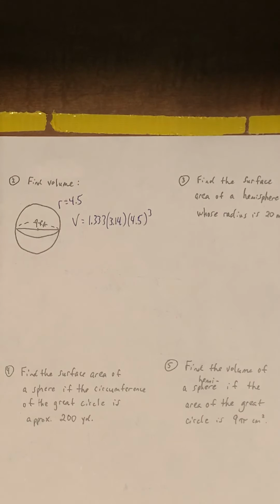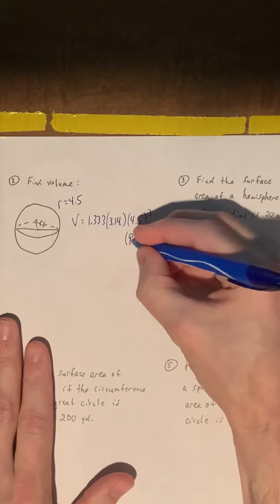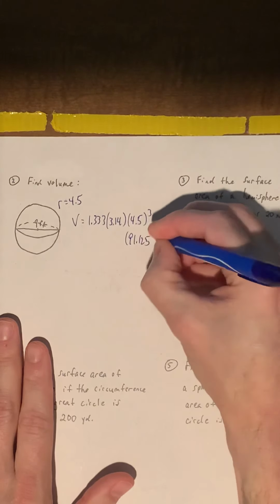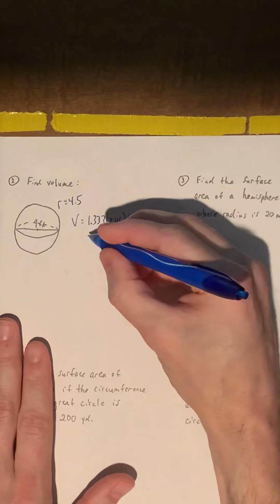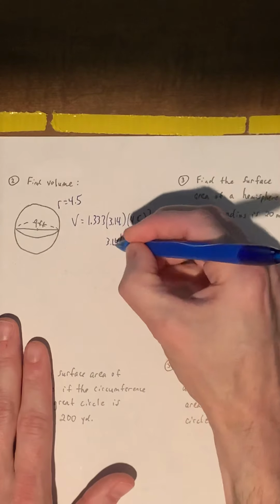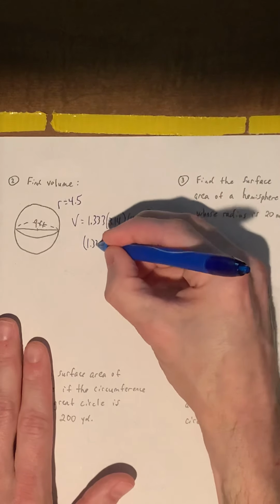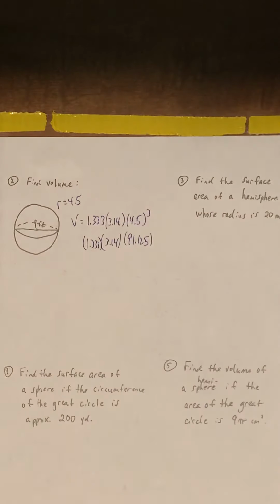Now 4.5, if you cube that, raise it to the 3rd power, you get 91.125. And we're going to multiply that by 3.14 and times 1.333.